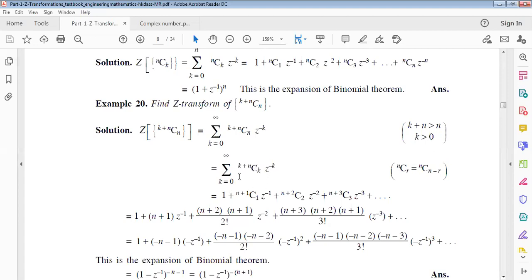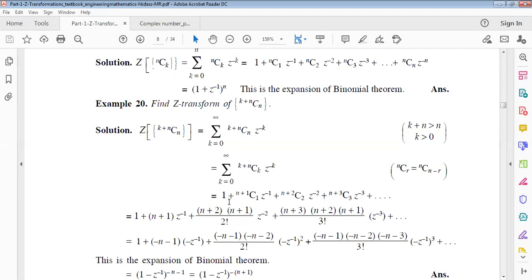Now using this series, putting the values of k from 0 to infinity. If k equals 0, something C 0 is 1 in the combination formula, remember it.